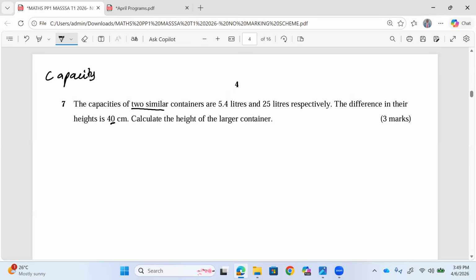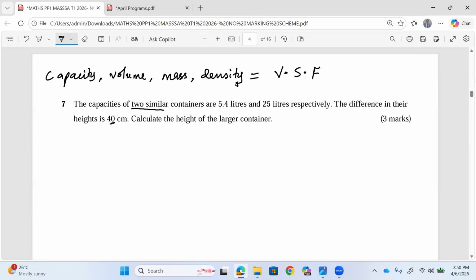Capacity, the ratios from capacities, the ratios from volumes, the ratios from mass, the ratios from density. These ones are three-dimensional quantities, and they usually give us volume scale factor.